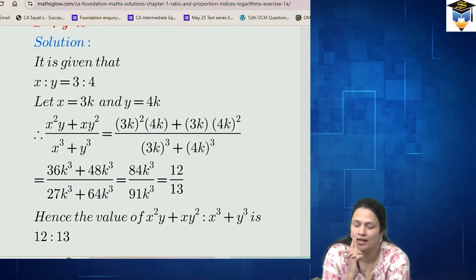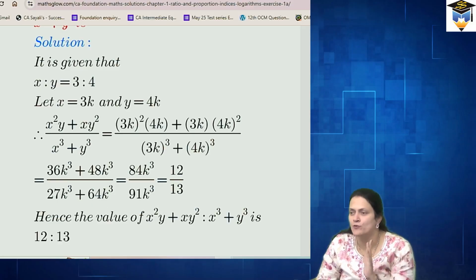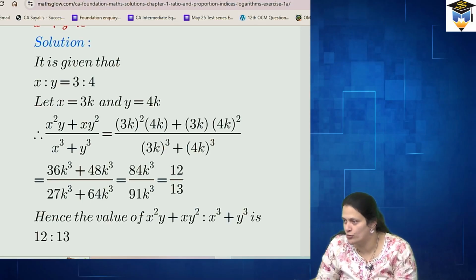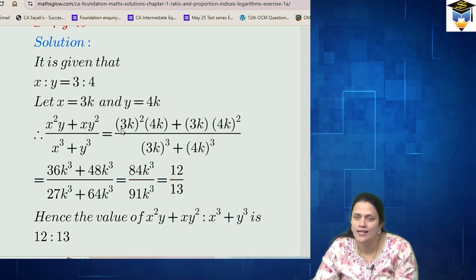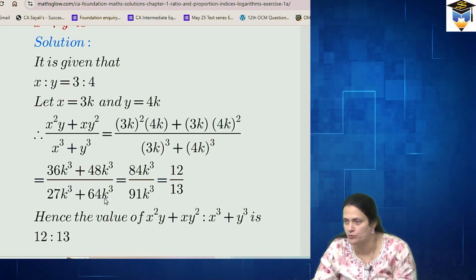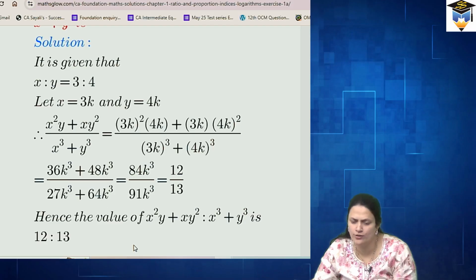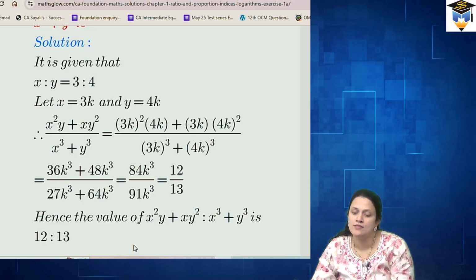ये देखो क्या किया है उन्होंने. x/y का रेशियो दिया है 3:4. इफ वी से द वैल्यू ऑफ x इज 3k, y इज 4k किंवा 3x 4x. हां, पण x नका घेऊ मग ते कन्फ्यूज होईल म्हणून त्यांनी k घेतलंय. ओके, आता x² y प्लस xy² कॅन बी रिटन ॲज लाईक दिस. सो आफ्टर यू डू दिस, इसका क्या आएगा? 3 का स्क्वायर इज 9, 9 इंटू 4 36, सो 36k³. इसका आएगा 48k³ अपॉन 27k³ प्लस 64k³. सो इफ यू एड द कोएफिशिएंट्स 84k³ अपॉन 91k³ कन्वर्टेड टू द लोएस्ट फॉर्म. अरे ये डिविजिबल है, 4 से है क्या? 7 से है.